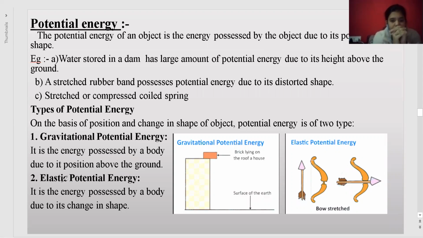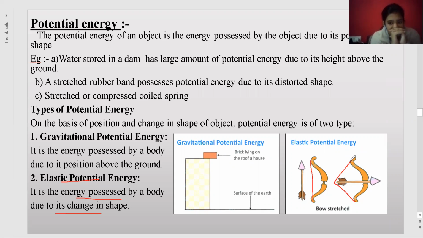Similarly, what do you mean by elastic potential energy? It is the energy possessed by a body due to its change in shape. For example, in the case of an arrow and bow, when the string of the bow is stretched, it has some potential energy.